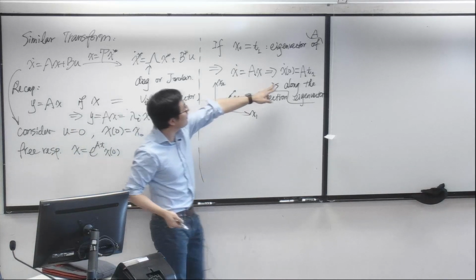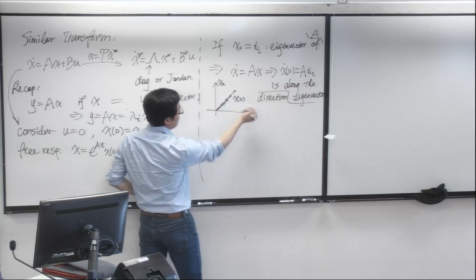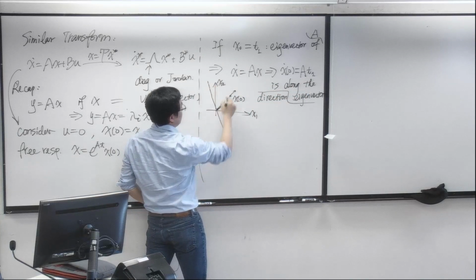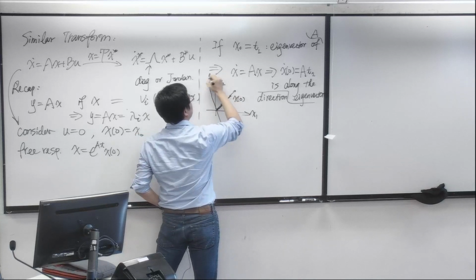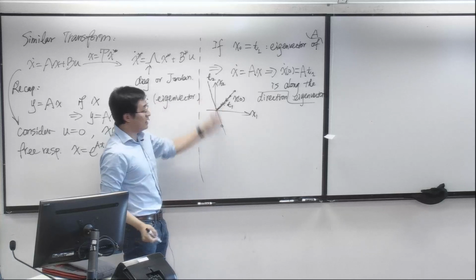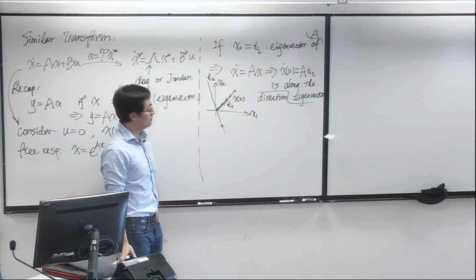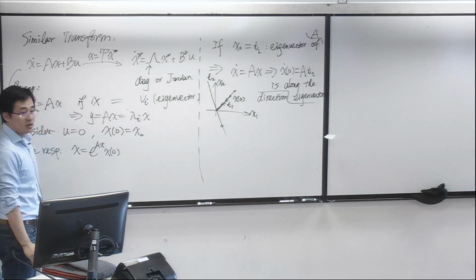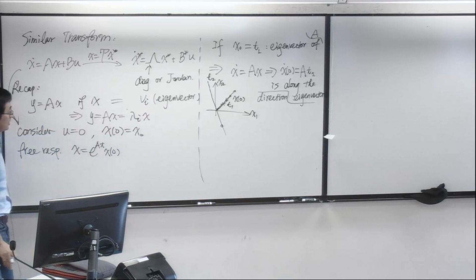So it doesn't matter if I choose x1 or maybe there's another eigenvector direction, let's say this is t1 and this is the direction of t2. It is the same. If I start from here, I'm going to stay in this direction. So that's the conclusion we can draw from this eigenvector analysis.